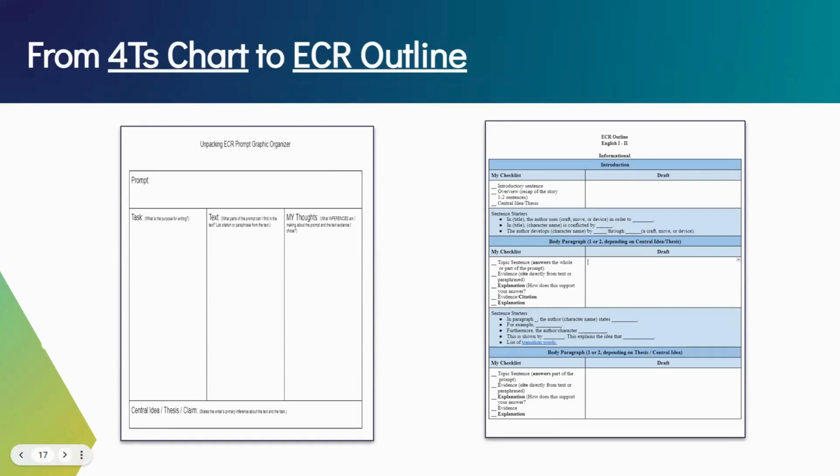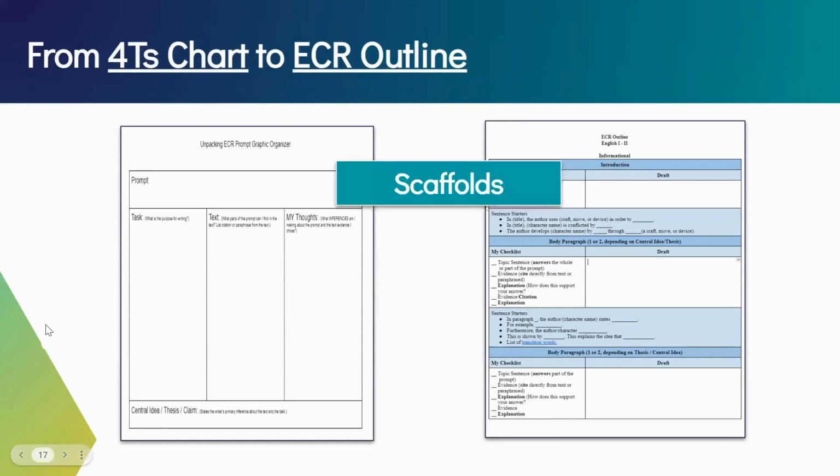Now, these 2 scaffolds, the 4 T's chart and the ECR outline, have been in the structured decks since quarter 1. So students should be familiar with using these resources.